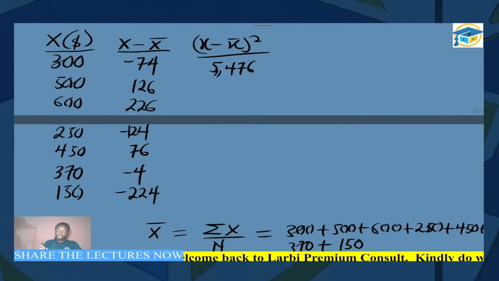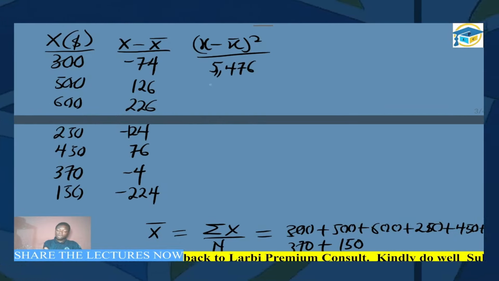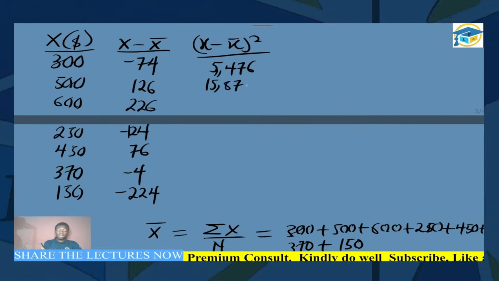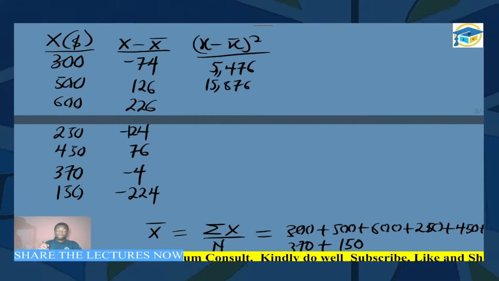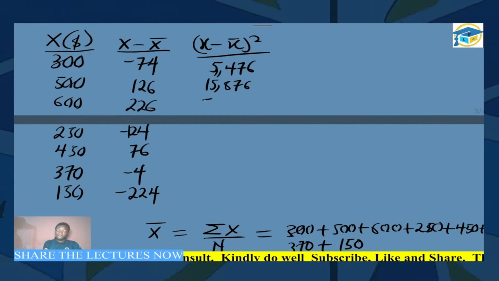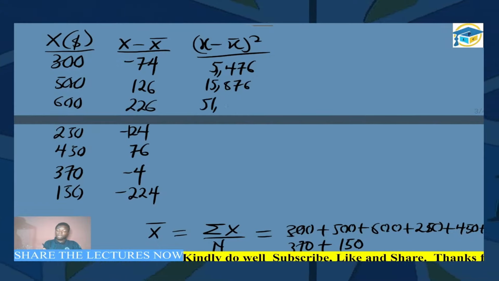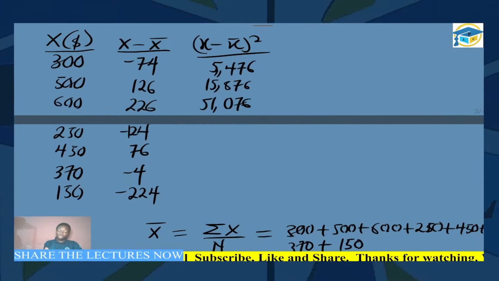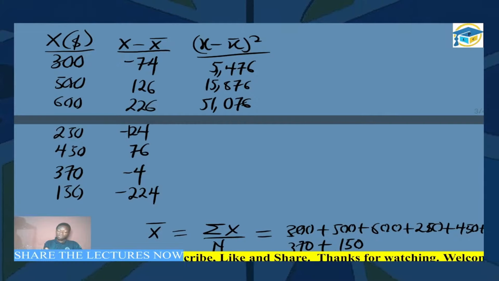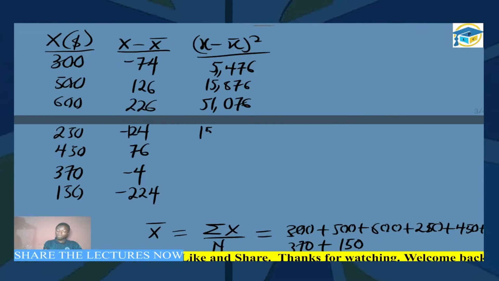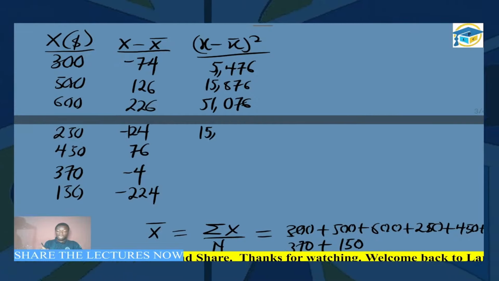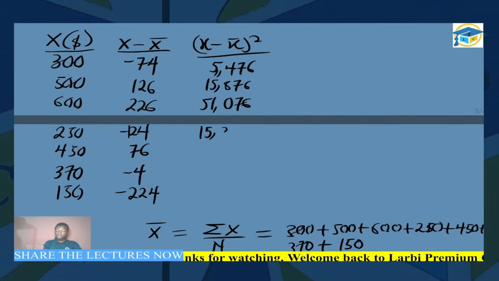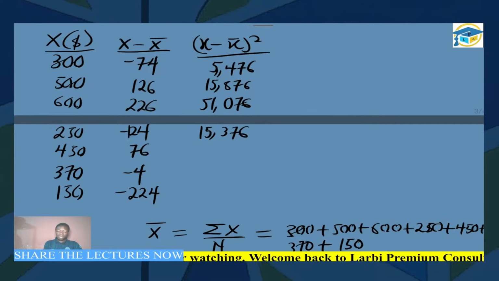5,476. That of 126, we should be able to get 15,876. That of 226 is supposed to get 51,076. That of negative 124 is supposed to get 15,376.